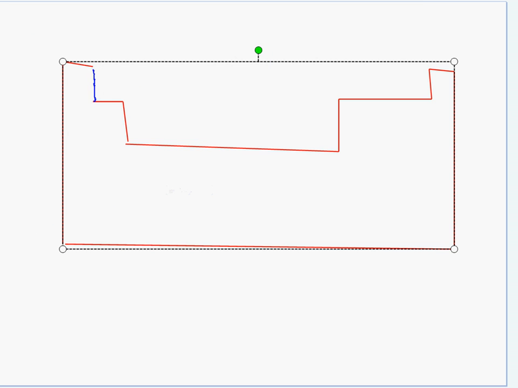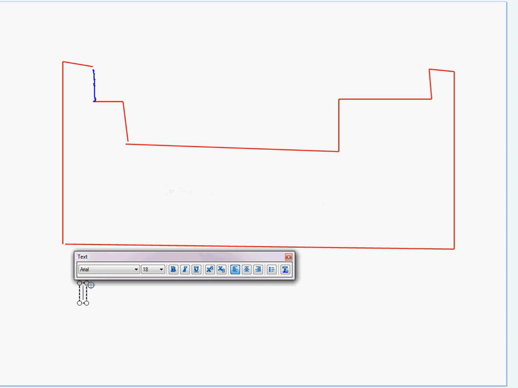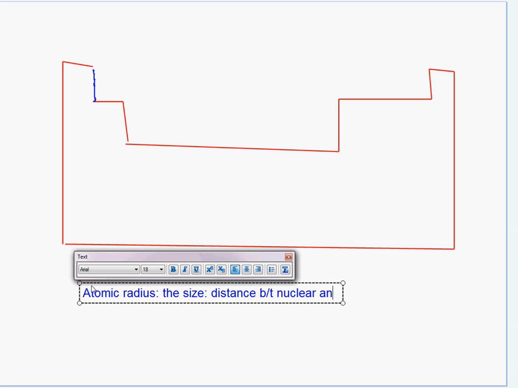So, periodic trends. I remember there's 3 of them. First off, we should define them, right? Atomic radius is the size or distance between nucleus and valence electrons.